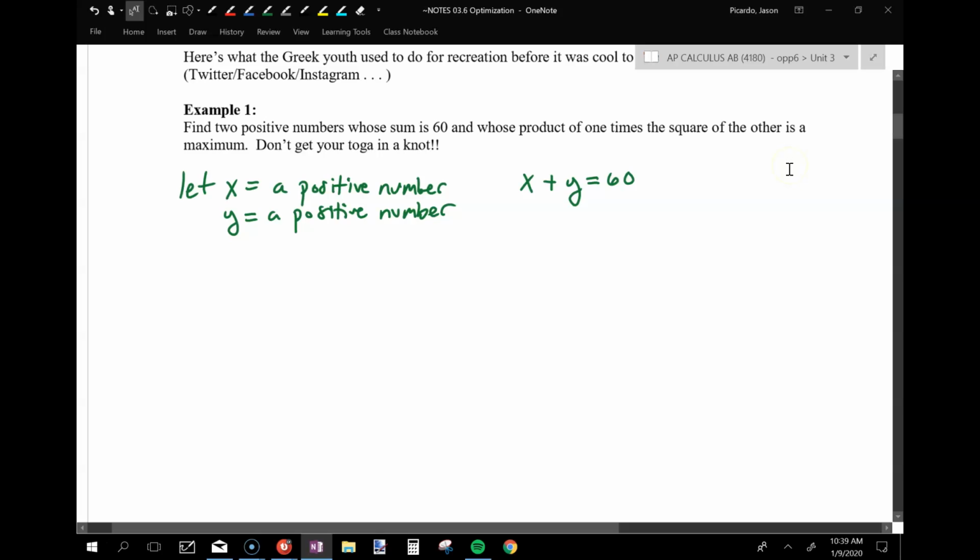The product of one times the square of the other. First of all, it says the product of, so what am I multiplying? Two things. What are those two things? One times the square of the other: x times y squared. Yeah, xy squared. So we have xy squared is a maximum.